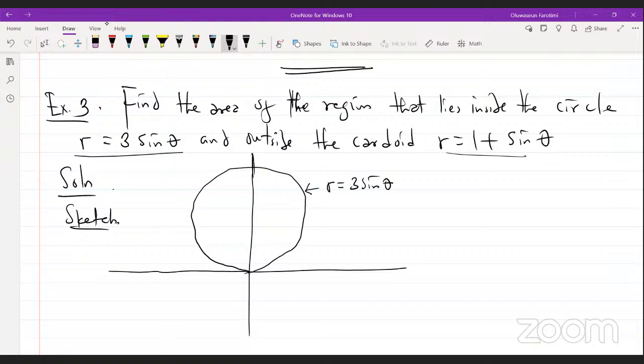Often, for those that have names, like the four-leaved rose, it's kind of standard, so you're expected to know that. If I say four-leaved rose, then you know what that means. This guy is a cardioid, 1 plus sine of theta.